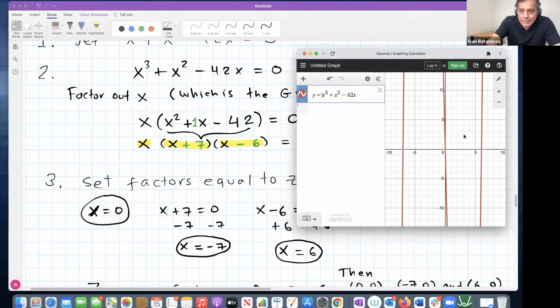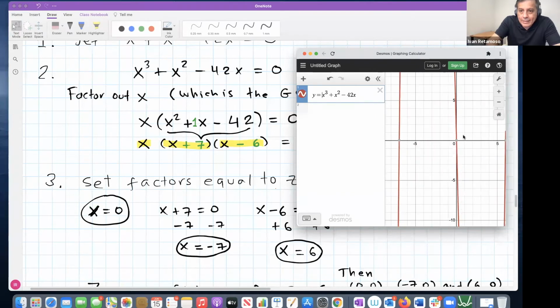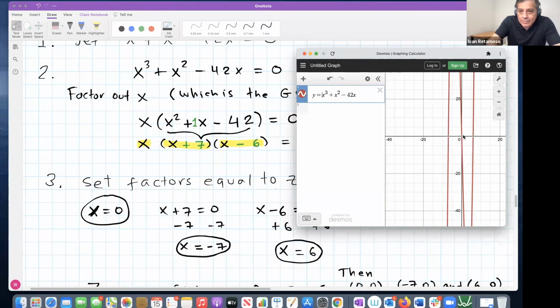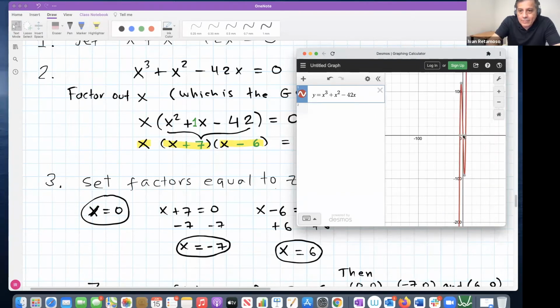You have to make it really smaller to see the chair-like shape. The wiggling is very pronounced here, up and down, but you can see the main shape is still an increasing chair, consistent with the fact that the leading coefficient of x cubed is 1.